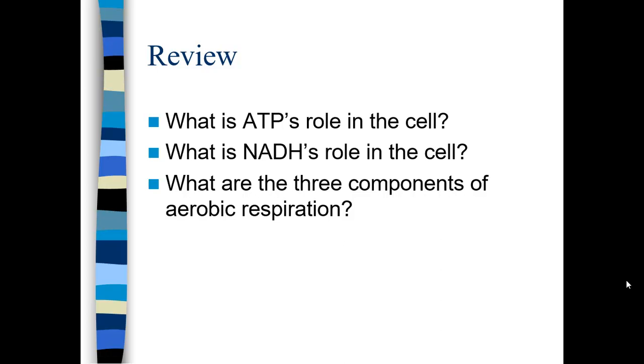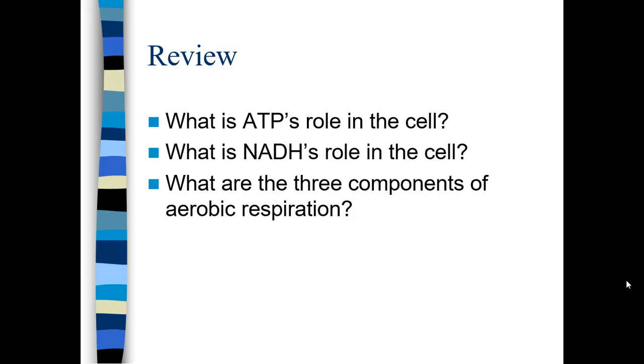The three components of aerobic respiration, and really we should say 4 components here. So I want you to scratch that out and put 4 components of aerobic respiration. The first one is glycolysis. The second one is the preparatory reaction. The third one is the Krebs cycle.